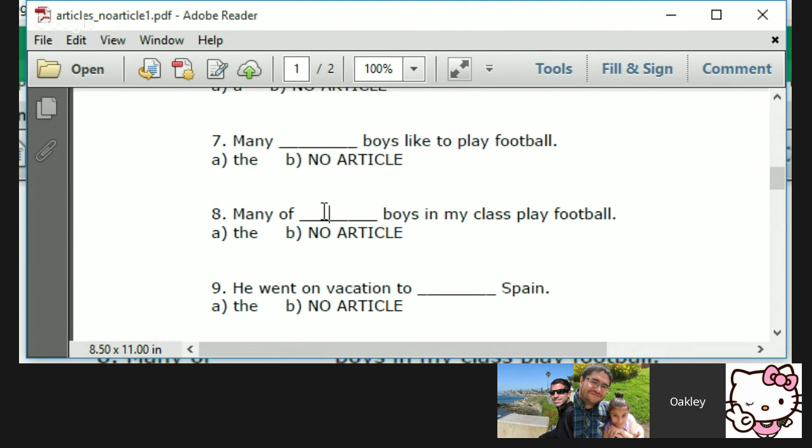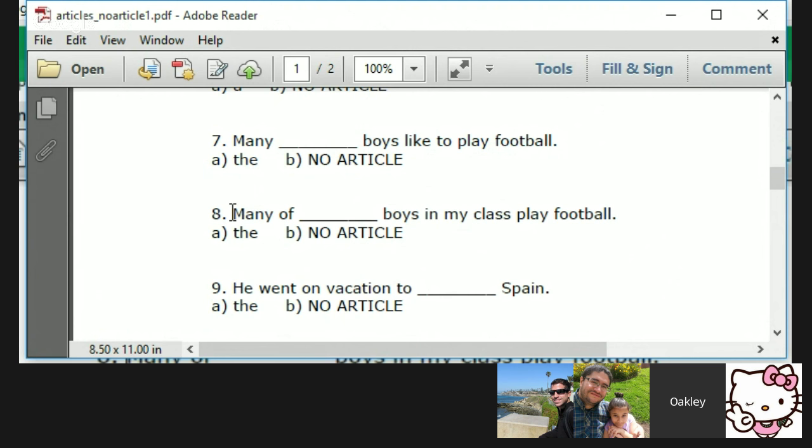Okay. Another side note here, kind of related, not really related to articles, but notice the construction when we use some of the or many of. The subject noun is over here, is boys. Normally, of course, we have the subject noun first in a sentence, and also boys play football.